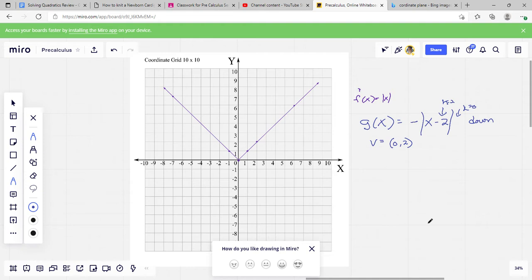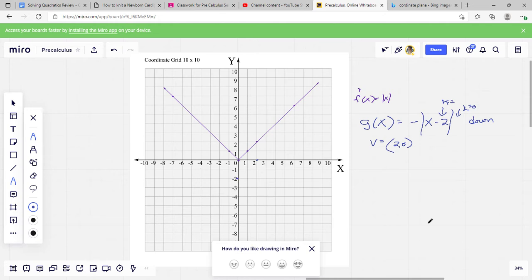No, that's not right. It's h, k. So it would be 2, 0. There we go. So we're going to go over 2 and 0, and then it's going to slope down. Let me get rid of that.